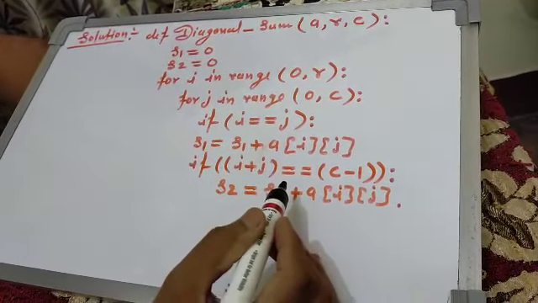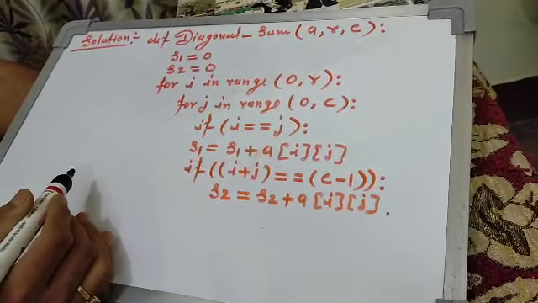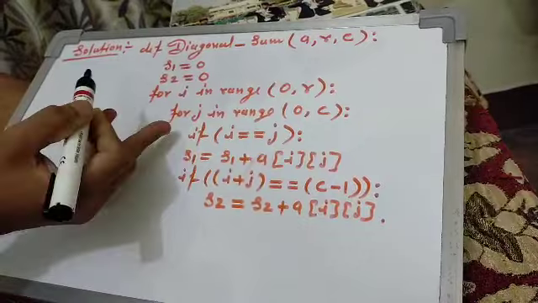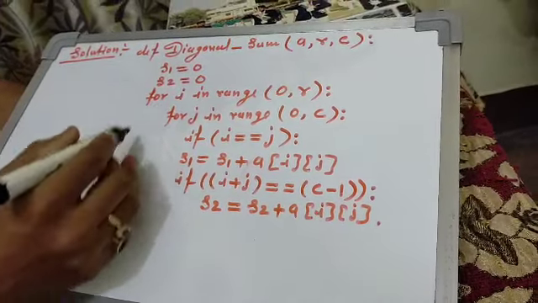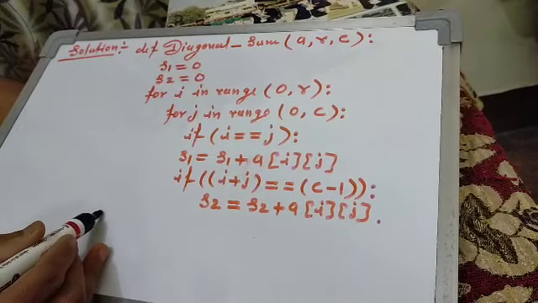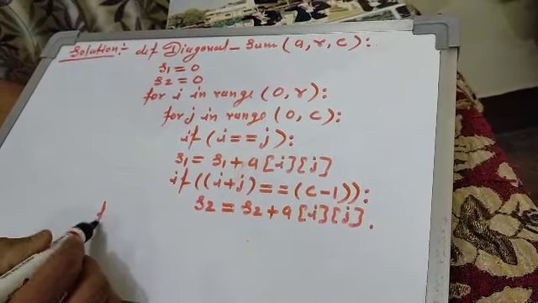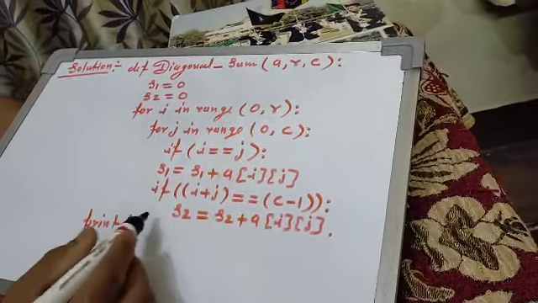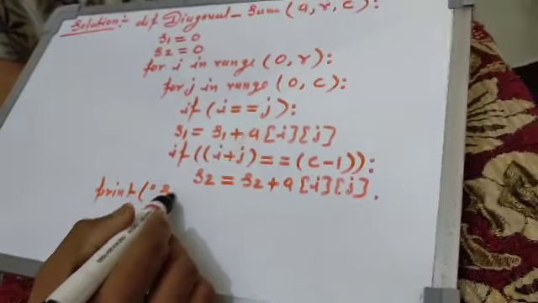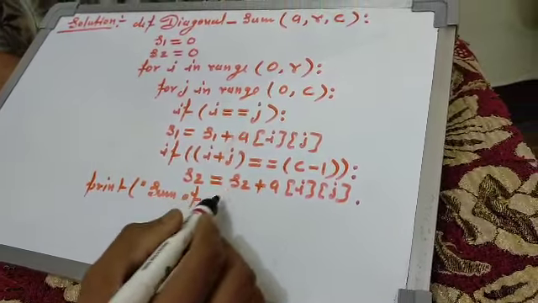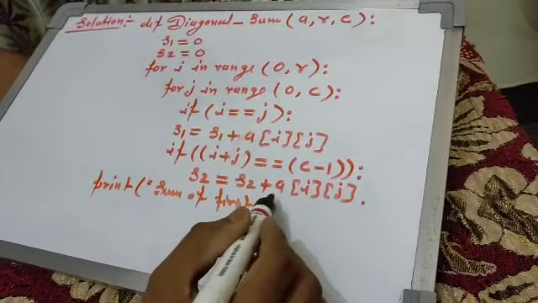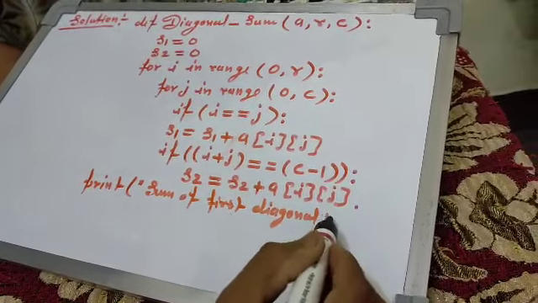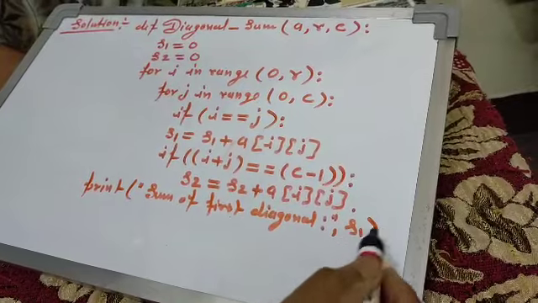Now we print the sum of both diagonals and exit from both loops, the inner loop as well as the outer loop, and this indentation should be followed here. Print sum of first diagonal, s1.